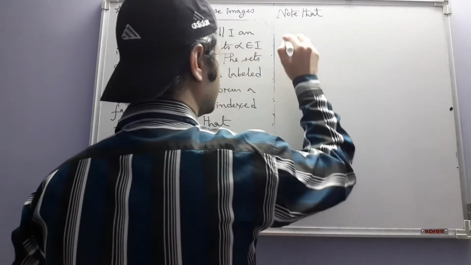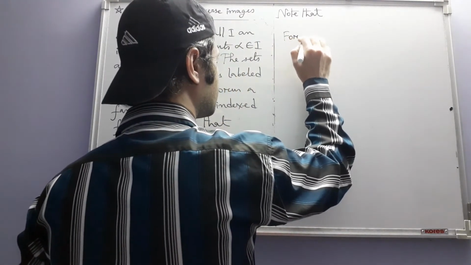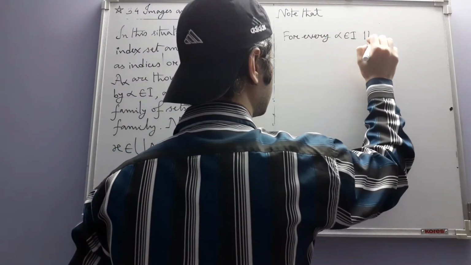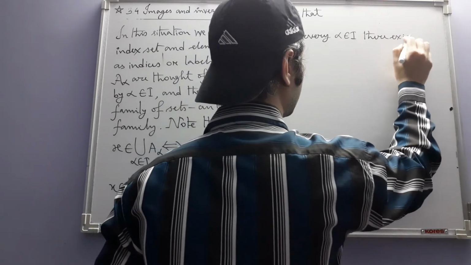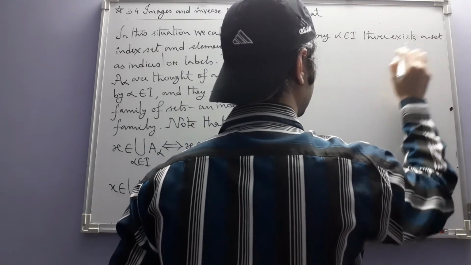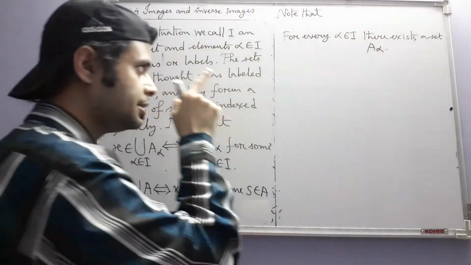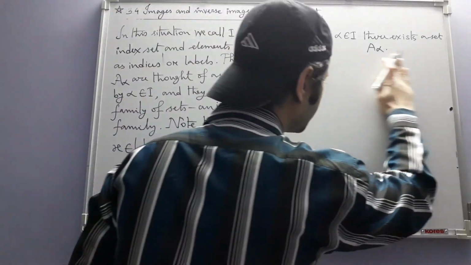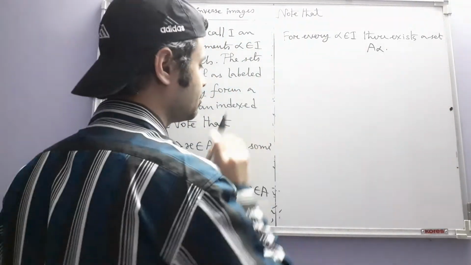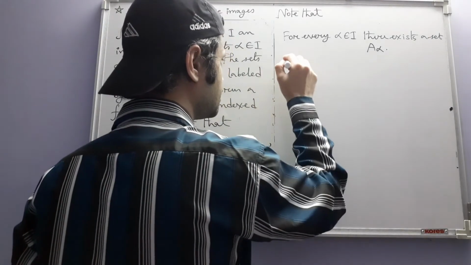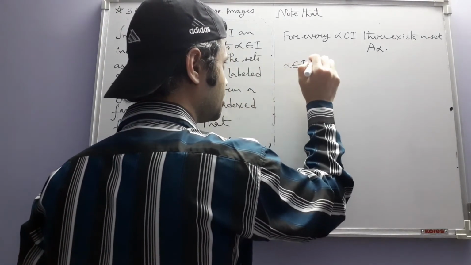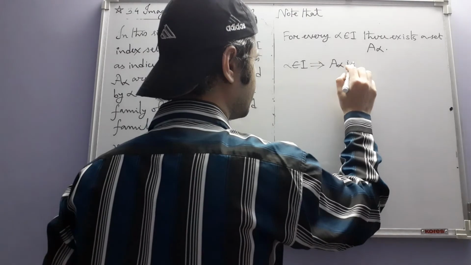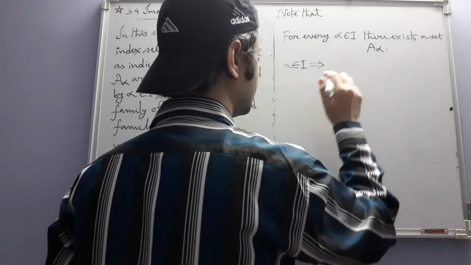You see, when we say that for every alpha belonging to I, there exists a set A alpha, this statement makes sense even when I is empty. You see, this statement is actually an implication. You have to keep that in mind. What it says is that if alpha belongs to I, then that implies A alpha is, or rather I should write like this.